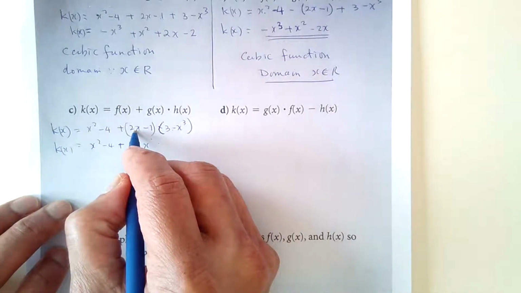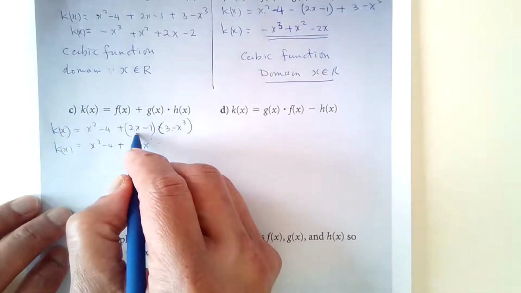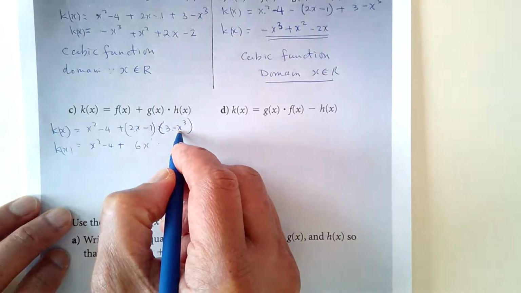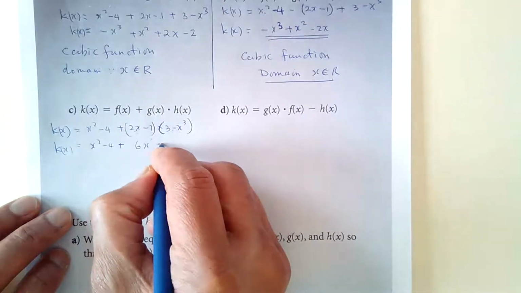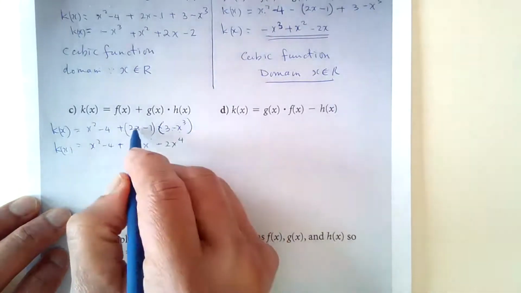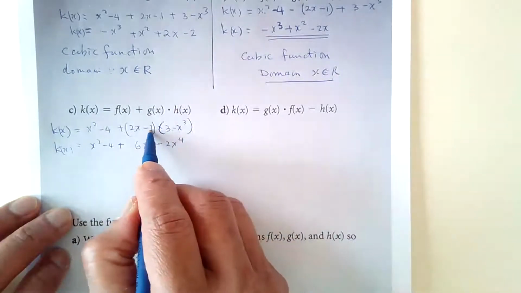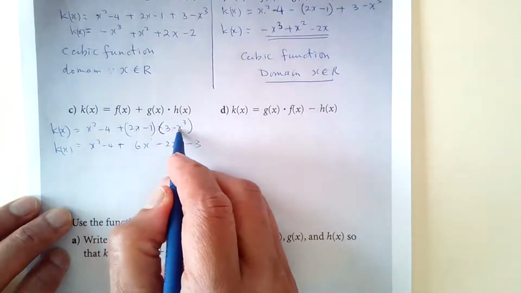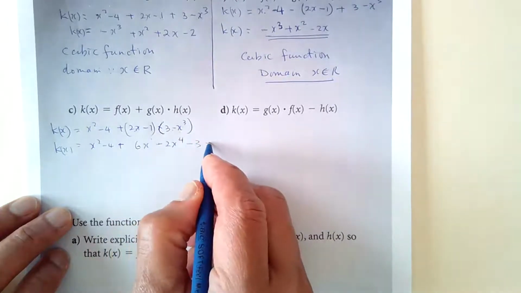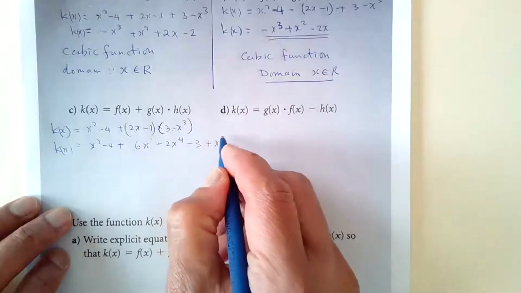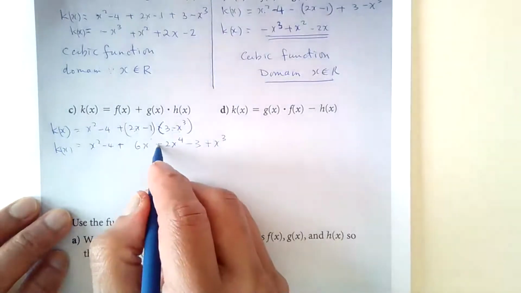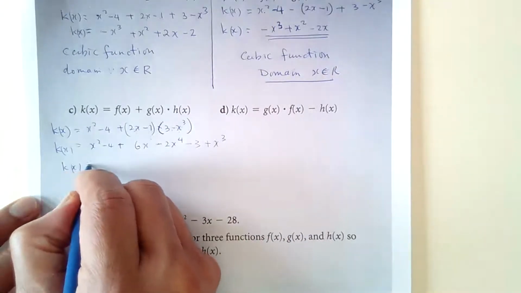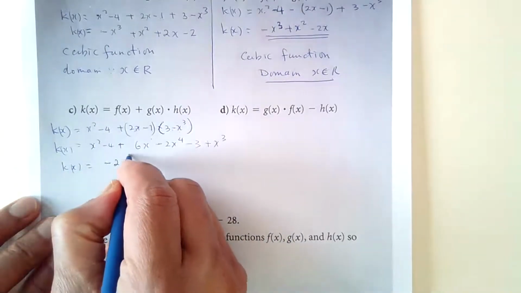2x times 3, and we have 2x times x cubed will give me negative 2x to the power 4. And we have negative 1 times 3 give me negative 3, and negative 1 times negative x cubed give me positive x cubed. So combine them, so there's 1x cubed and negative 2x to the power 4.